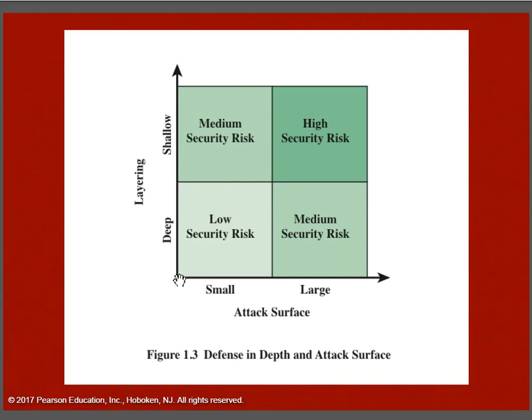If the surface is larger, there is medium security risk compared to low security risk. And also, if the layering is shallow or deep, and we have the shallow one, then here we have high security risk and medium security risk as well.